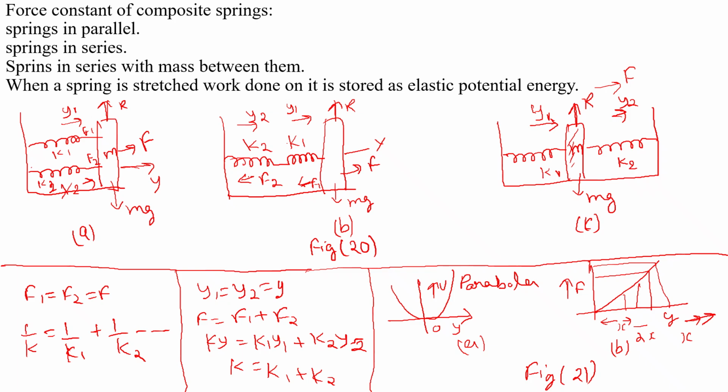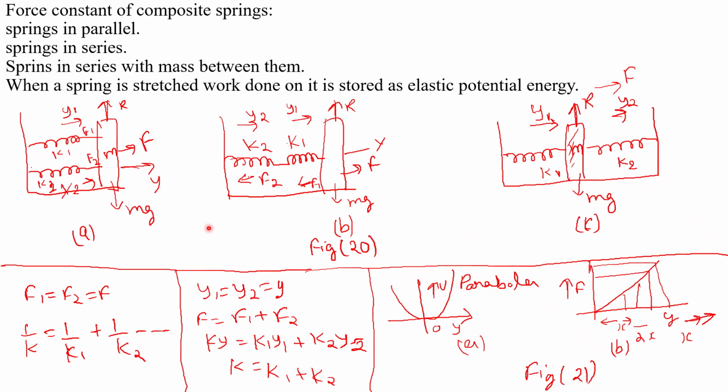First, when springs are in parallel, the situation is shown in this figure. We see in figure A, if the force F pulls the mass m by y, the stretch in each spring will be y. That is y1 is equal to y2 is equal to y.